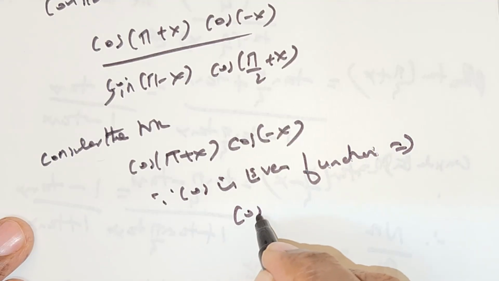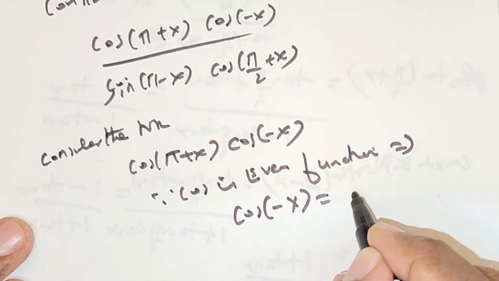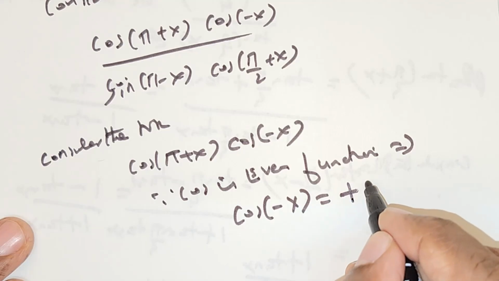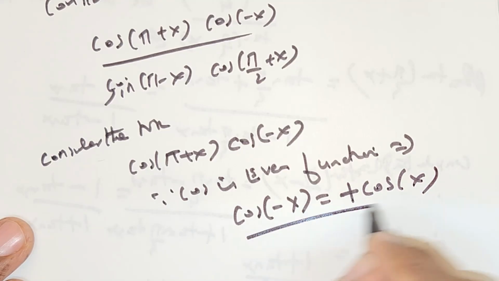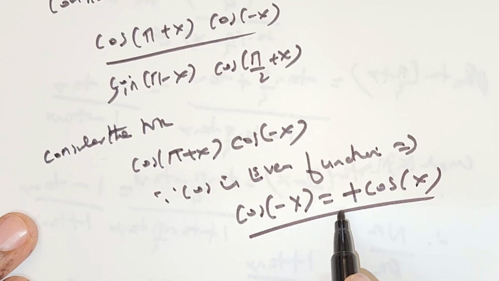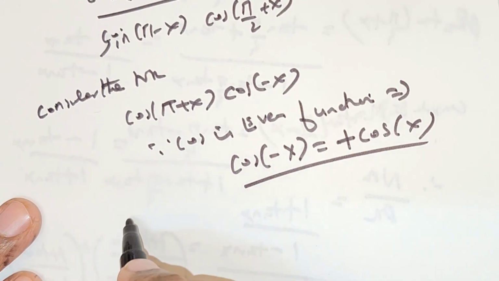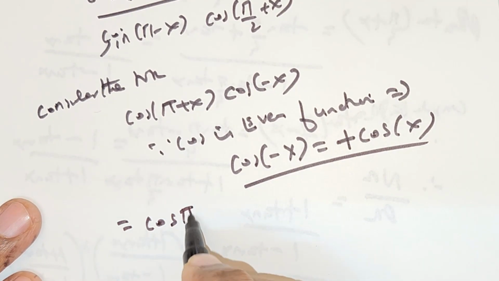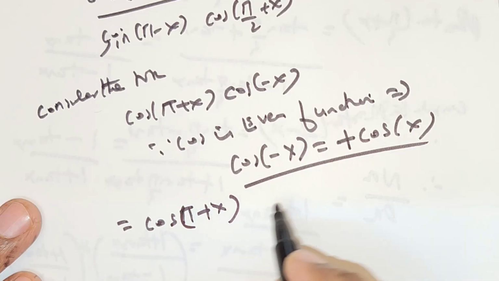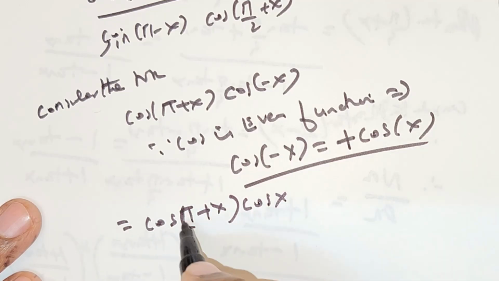So what is the meaning of this? This means cos of (-x) is going to be equal to positive cos x. Okay, so that's the formula for an even function. So this is going to be cos of (pi + x) multiplied with cos x.